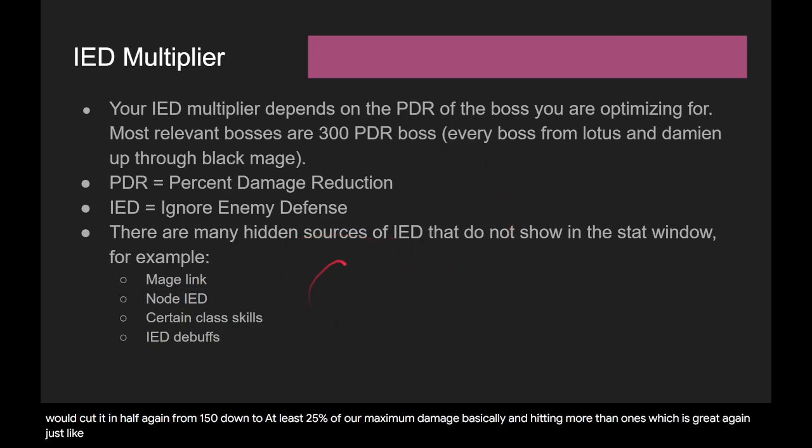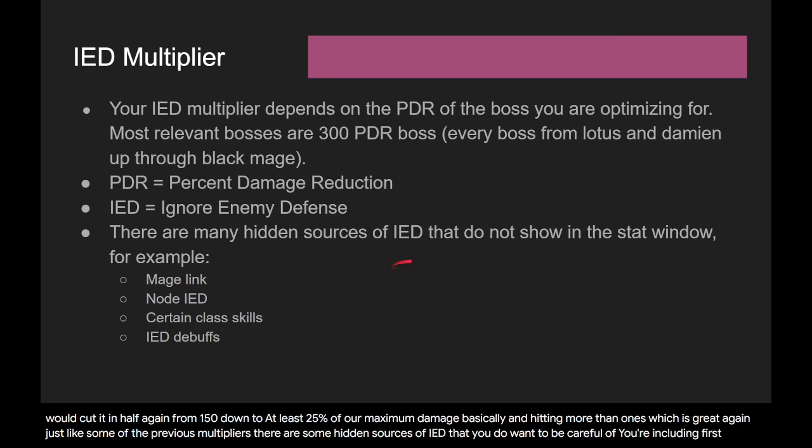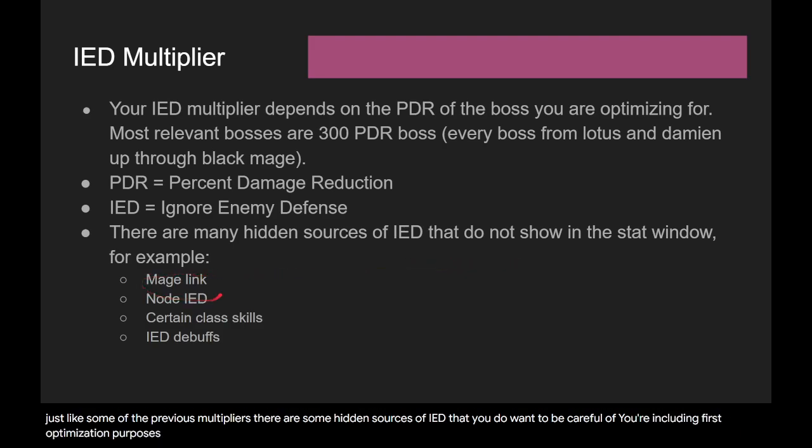Again, just like some of the previous multipliers, there are some hidden sources of IED that you do want to be careful of, and make sure you're including for optimization purposes. Some common ones that you might be missing are Mageling. Mageling, you have to stack up, adds up to a total of 9% IED at max stacks and at max level. There's Node IED.